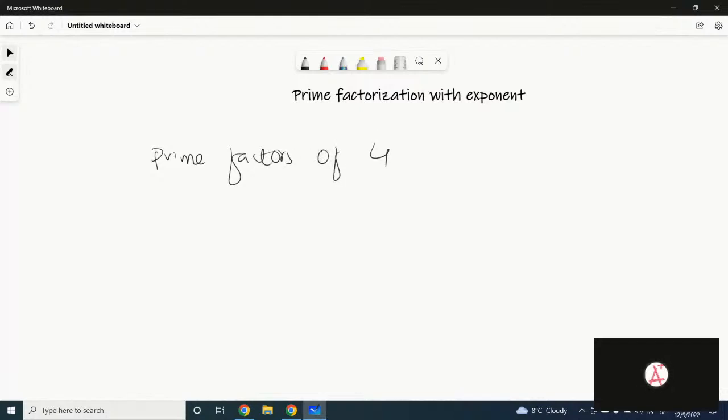So you have to divide the 4 by the smallest prime number. The smallest prime number that can divide 4 is 2. Divide 4 by 2. So 4 divided by 2 is 2, because 2 times 2 is 4.